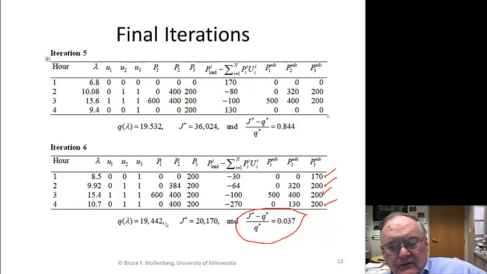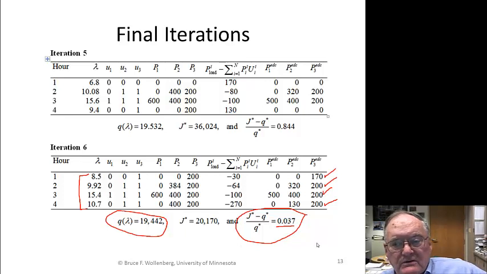And then I difference that with the value of Q. So you take the difference and divide by Q, and you get a very, very small number. You'd like to drive that as small as possible, but that's the solution. And here are the lambdas. We adjusted the lambdas to get this solution. So that's the Lagrange relaxation solution.